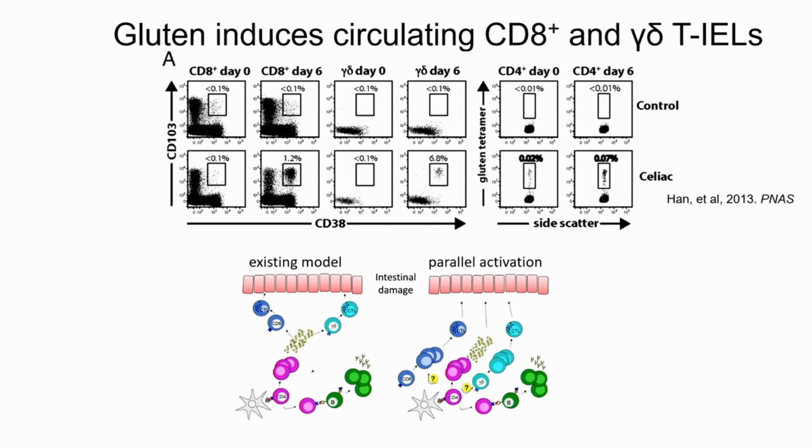This was somewhat controversial when we proposed this model, and it was discounted as some sort of non-specific recirculation, which does occur in various intestinal immune conditions. I still like this model a lot, but it wasn't widely accepted by the field.